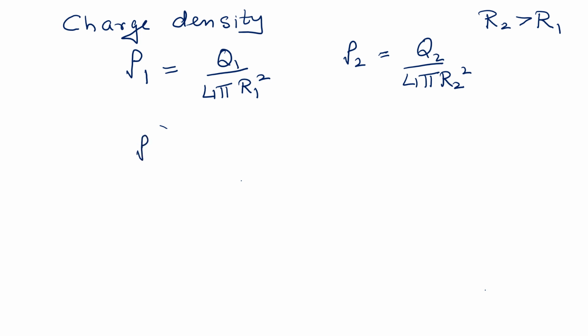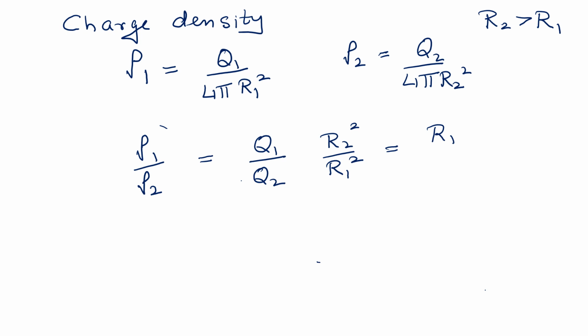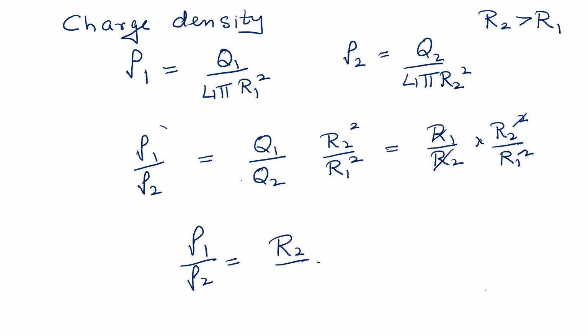If we look at the charge density ρ1, ρ2, just divide these two equations, we would get Q1 by Q2 and R2 square by R1 square. Q1 by Q2 we had said was R1 by R2. So when we look at these terms, we get ρ1 by ρ2 is R2 by R1.